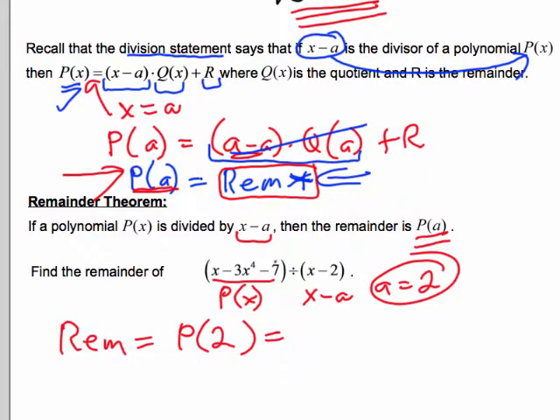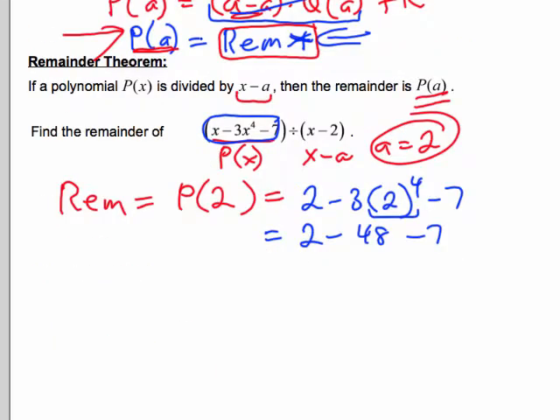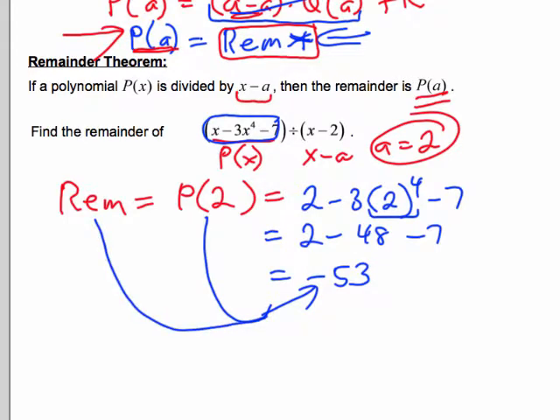In other words, just put 2 in for x here. 2 minus 2 to the 4th is 16 times 3 is 48. 2 minus 48 is -46, minus 7 is -53. You'll notice that the value I get for p of a is the same as the remainder. That's the remainder theorem. I can get the remainder without actually dividing. And by knowing the remainder, I know that my divisor does not divide evenly into my polynomial. In other words, it's not a factor.